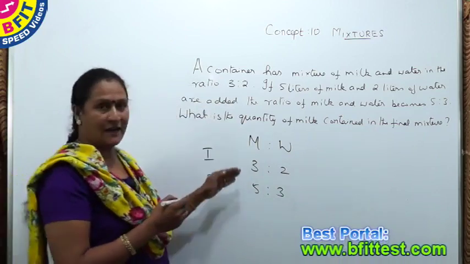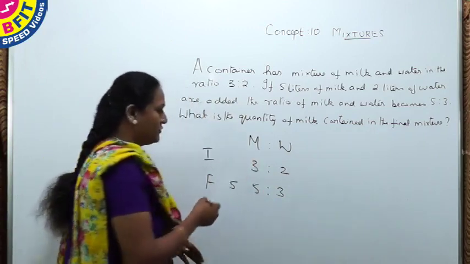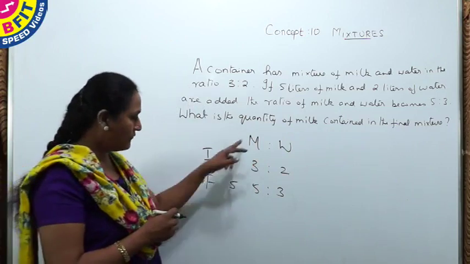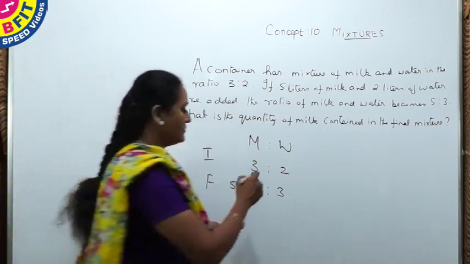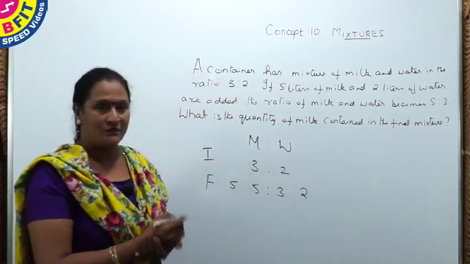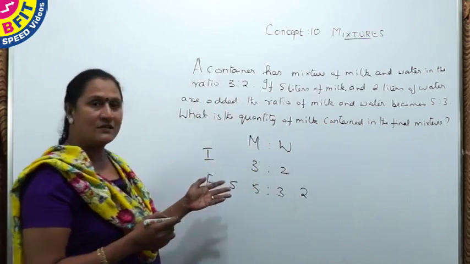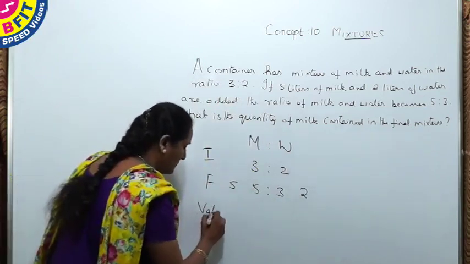Whatever is added, when milk is added, write on the milk side. So 5 liters of milk is added, so write 5 on this milk part, and 2 liters of water is added, so write 2 on this water part. And to find the value of one part, you can use the same smiley concept.